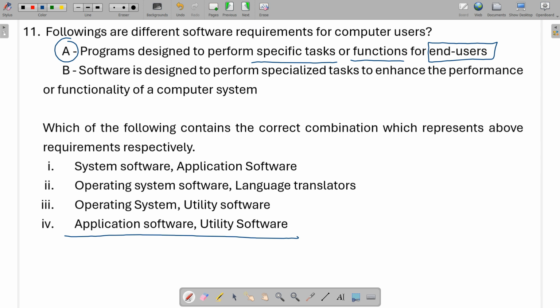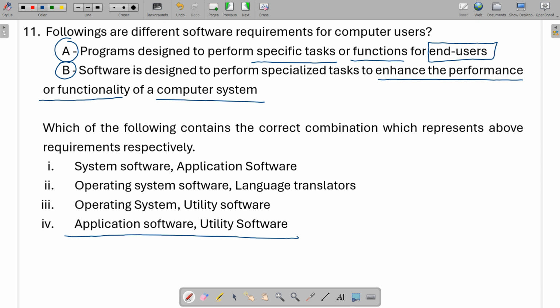If you think about statement B, it says software is designed to perform specialized tasks to enhance the performance or functionality of a computer system. Enhancing the performance or functionality of a computer system means they are not focusing directly on end users.